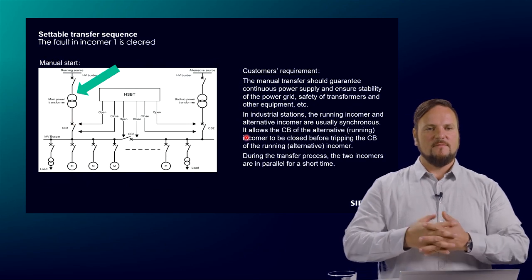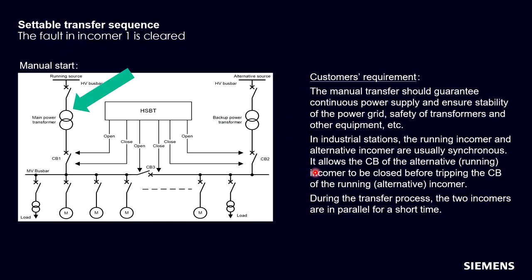For the case that the fault is cleared, to recover the in-feed, or to go to the normal operation, we switch back from an alternative incomer to the running main incomer. Then we always use the manual start, and this is done by paralleling for a short time for the transfer.